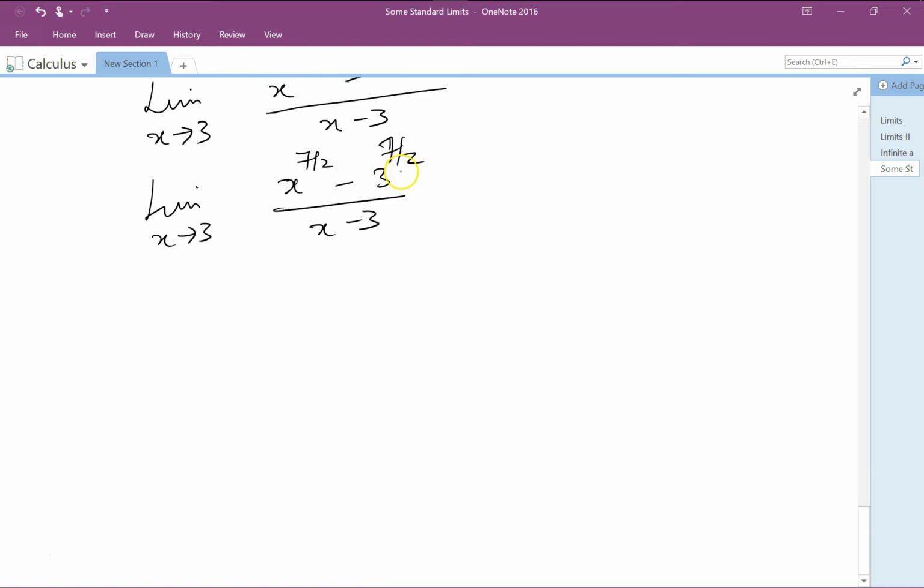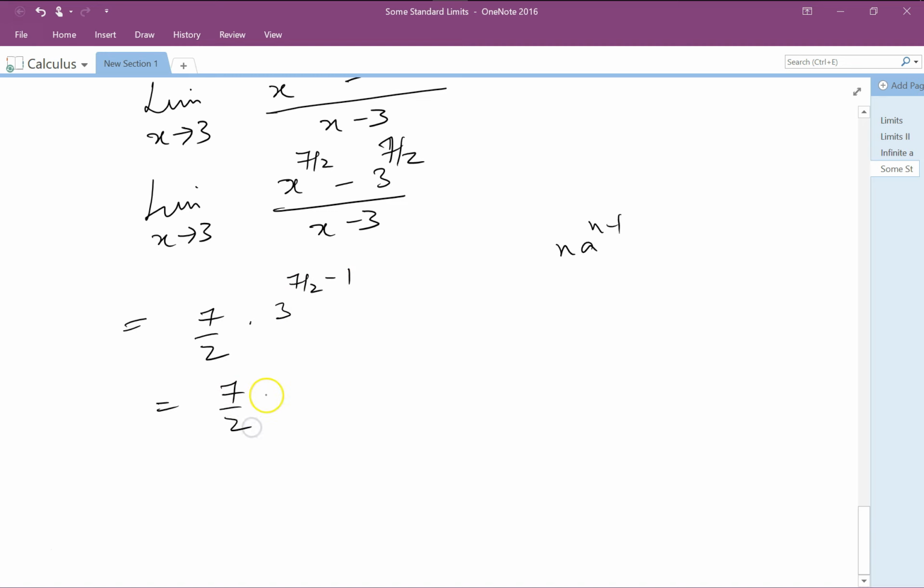Remember the pattern, it is as per the standard limit. So now we can take the standard limit, n(a) to the power of n minus 1. So n is what? 7 by 2 times a. A is what? 3. N minus 1. 7 by 2 minus 1.